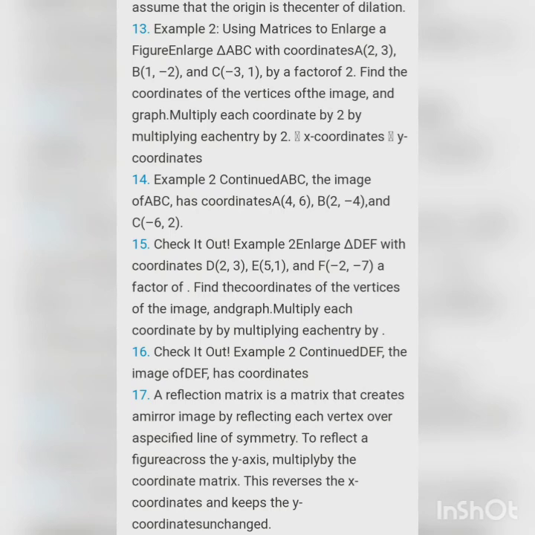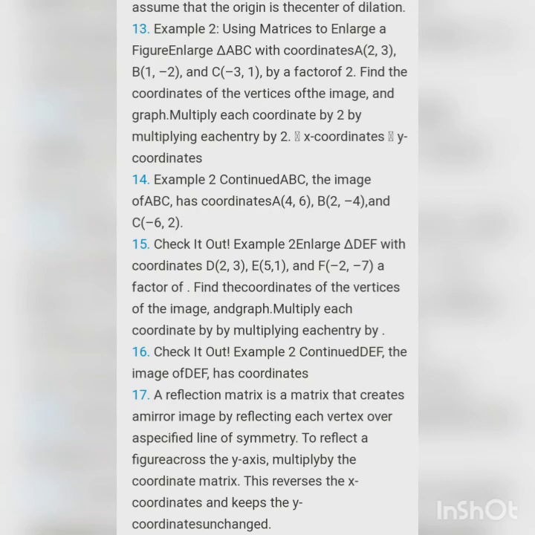Find the coordinates of the vertices of the image and graph. Multiply each coordinate by 2, that is, multiply each entry by 2, x coordinates and y coordinates. Example 2 continued: the image of triangle ABC has coordinates 4 comma 6, 2 comma minus 4, and minus 6 comma 2.